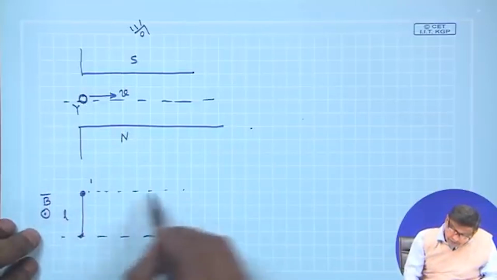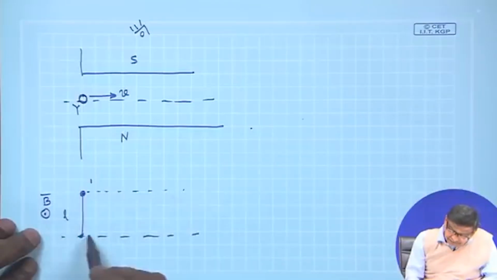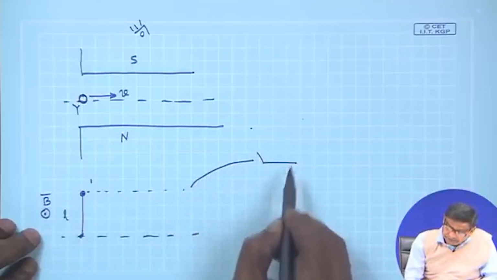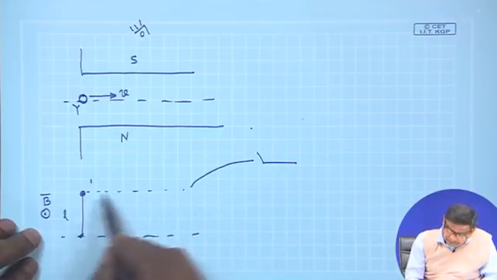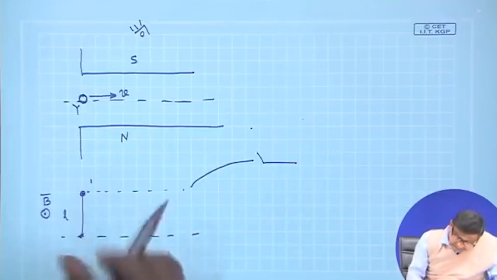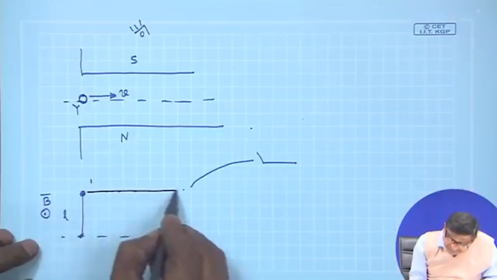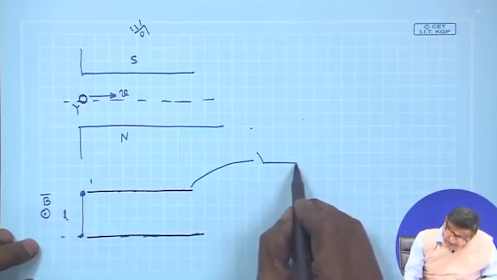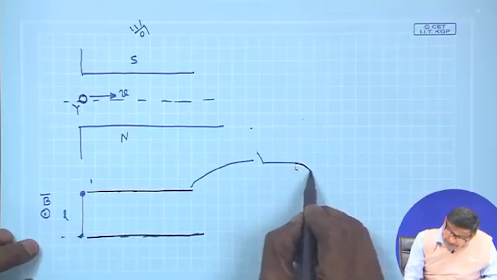Now, what I will do, this track here, I will connect a switch here with a flexible wire. This is the track, this is track, and I will connect a battery.